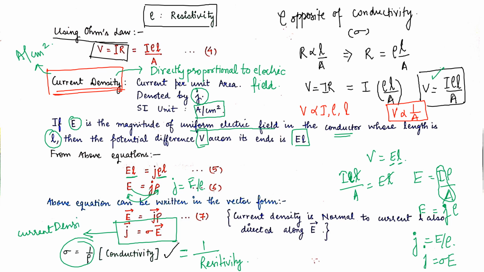Now let's summarize Ohm's law in the next slide so that you will have the whole idea. See students, in today's class basically what we have seen is Ohm's law. This Ohm's law was given by G.S. Ohm in 1828, and this states that voltage across a conductor is proportional to current in it.